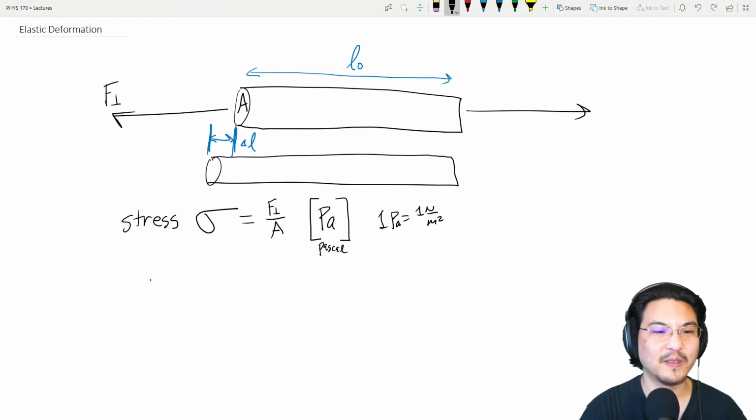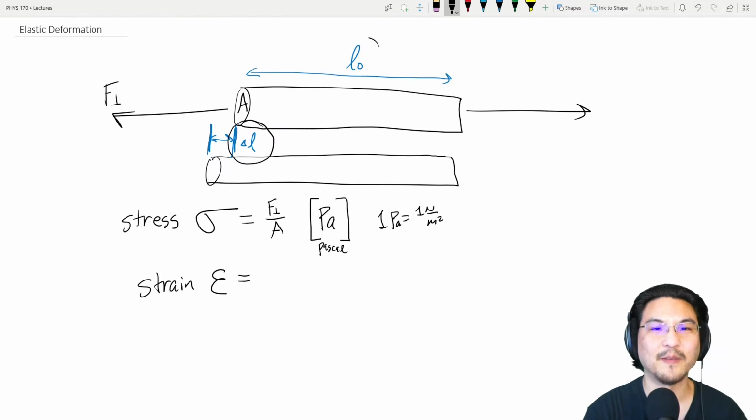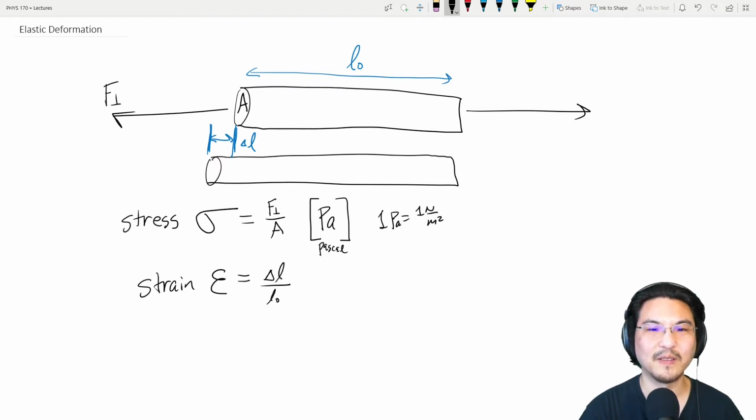Next definition, strain. I'm going to give it Greek letter epsilon. Strain is this change in length divided by the original length. So it's kind of a ratio, an elongation ratio. So what are the units here?